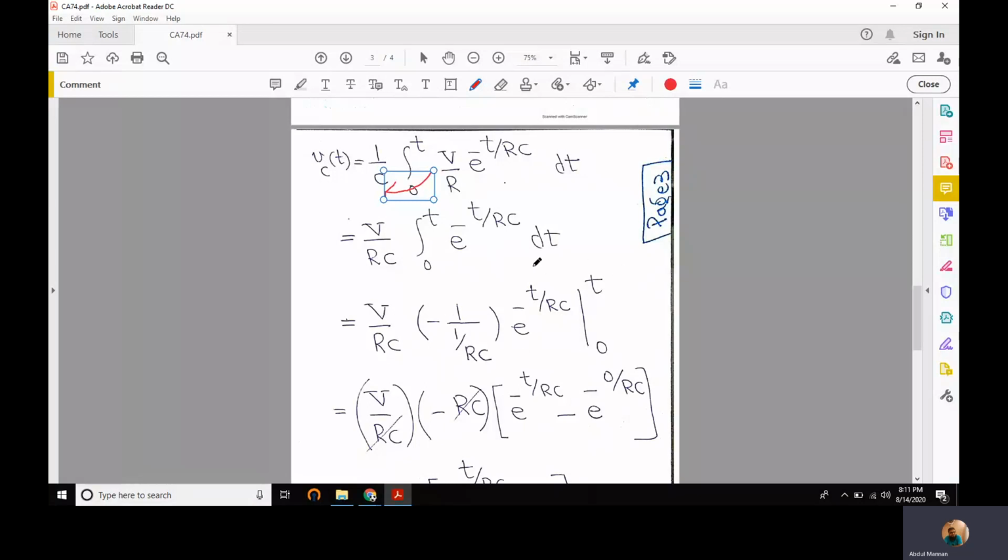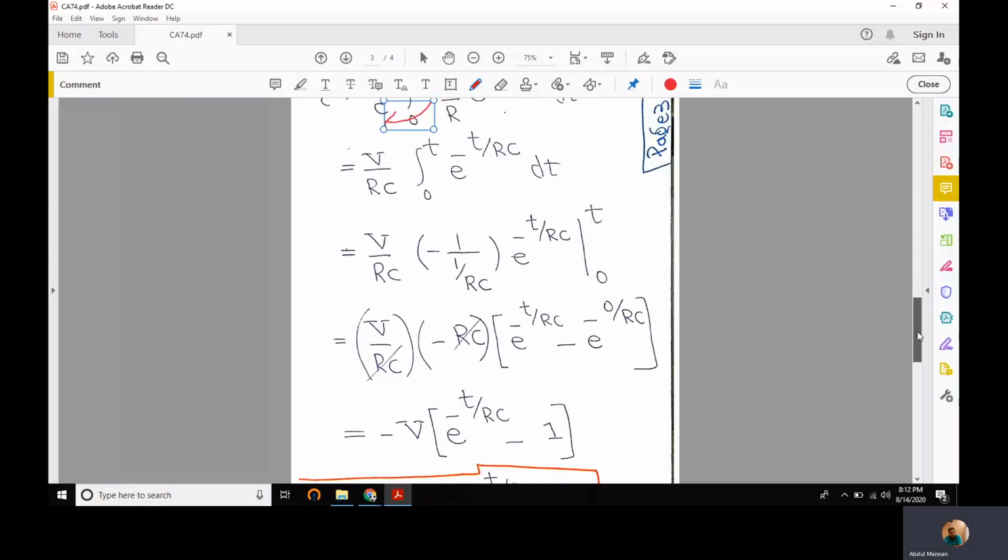This type of integration was studied by us in elementary classes. It's a very simple integral for exponentials, and this denominator of denominator is actually numerator, so we bring it in the numerator. This rc cancels with this rc, and then we put the limits, e to the minus t over rc, and then 0. We put the second limit 0.